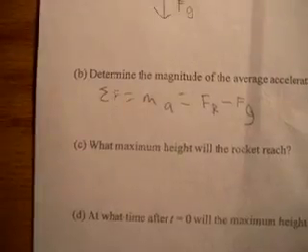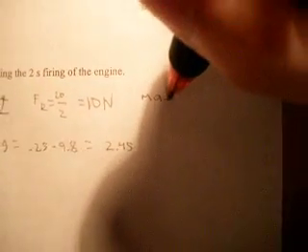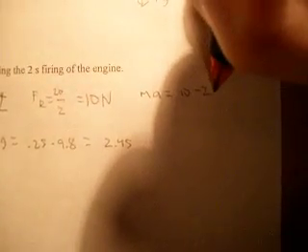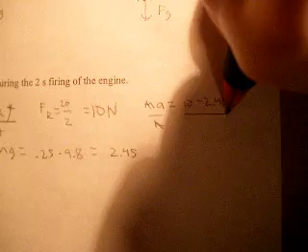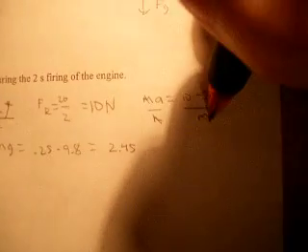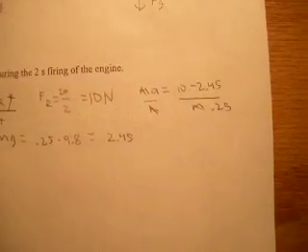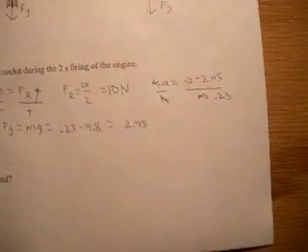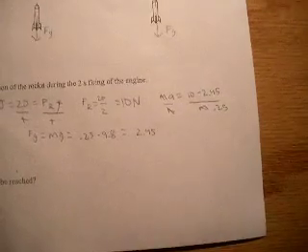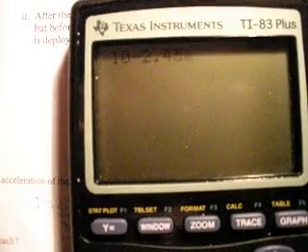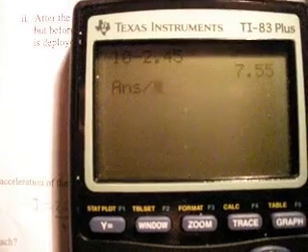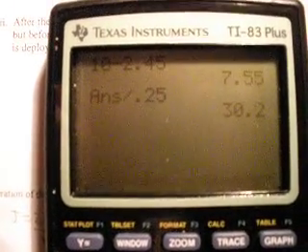So, using this equation, mass times a equals 10 minus 2.45. You can divide both sides by m, which is 0.25. So 10 minus 2.45, divided by 0.25, equals 30.2.